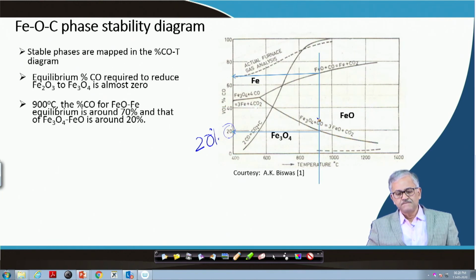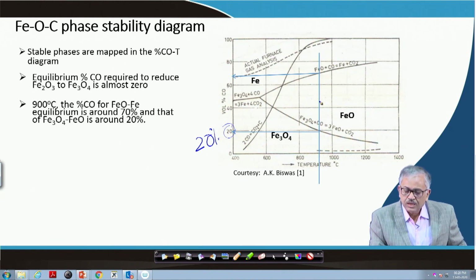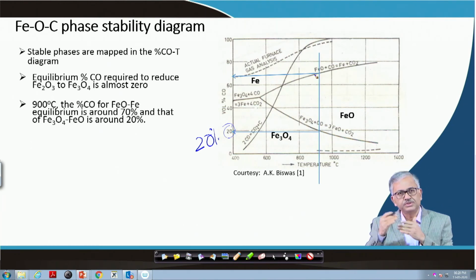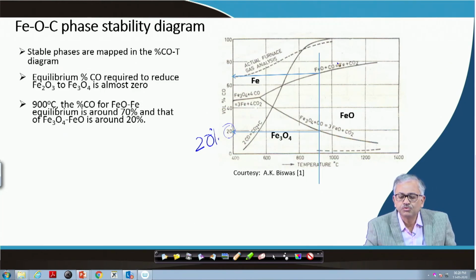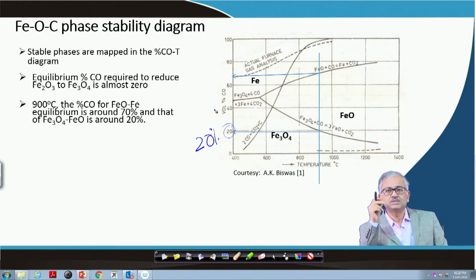What does it mean? For FeO to Fe equilibrium, around 70% CO will be in equilibrium with the FeO-Fe system. It means that if you want to convert FeO to Fe, you have to have a volume percent of CO in the CO-CO2 mixture. Basically, when I say volume percent of CO, it is in the CO-CO2 mixture, without considering the nitrogen and all this.